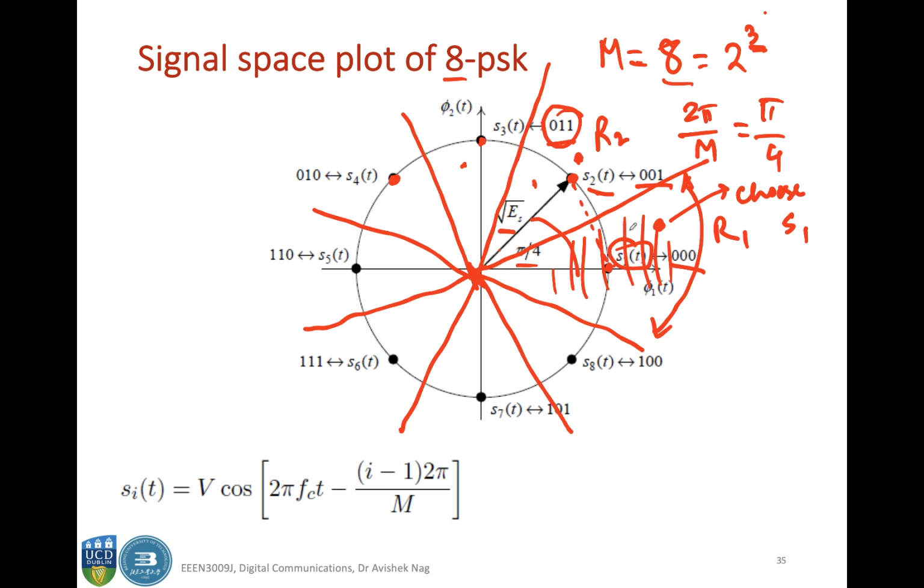To calculate the probability of error for a higher order modulation system, up to M equal to 4 it was still okay. We saw for M-PSK how we can compute the probability of error.